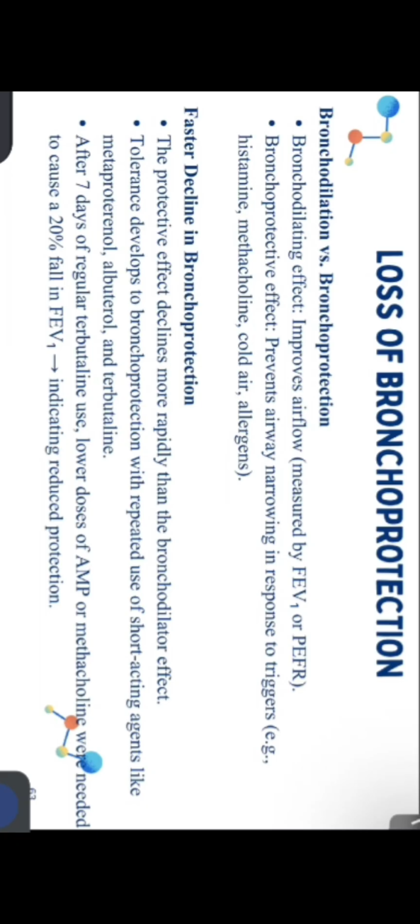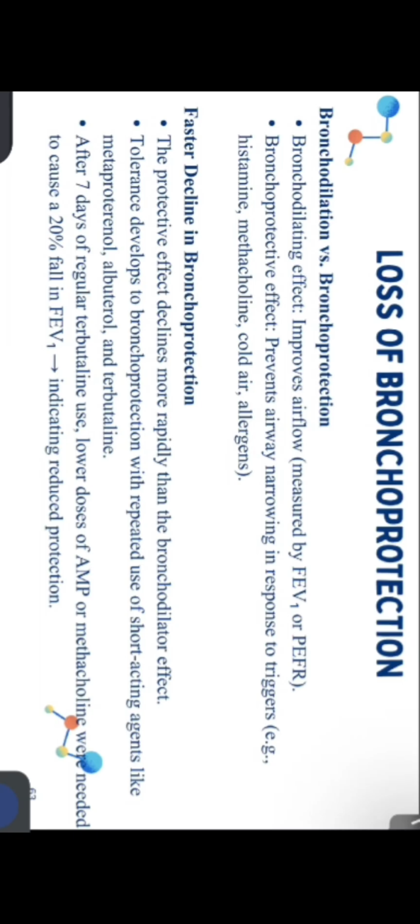Kaya po parang nawawalan na ng bronchoprotection dahil nga po sa paulit-ulit na paggamit ng gamot, ng short-acting na gamot, na nagkukos po na hindi na siya effective, then nawawalan tayo ng bronchoprotection. O paunti-unting nauubos yung bronchoprotection natin dahil sa palagi nating paggamit ng gamot.